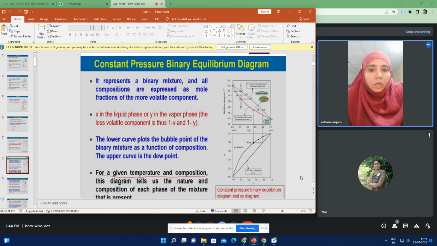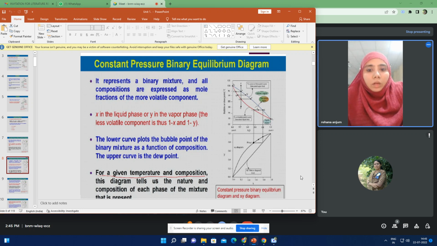So the mole fractions x and y represent the more volatile component, not the less volatile component. x is the liquid phase and y is the vapor phase. If we know x and y, we can also calculate the composition of the less volatile component by subtracting from 1. So 1 minus x would be the less volatile in the liquid phase and 1 minus y would be the less volatile in the vapor phase.